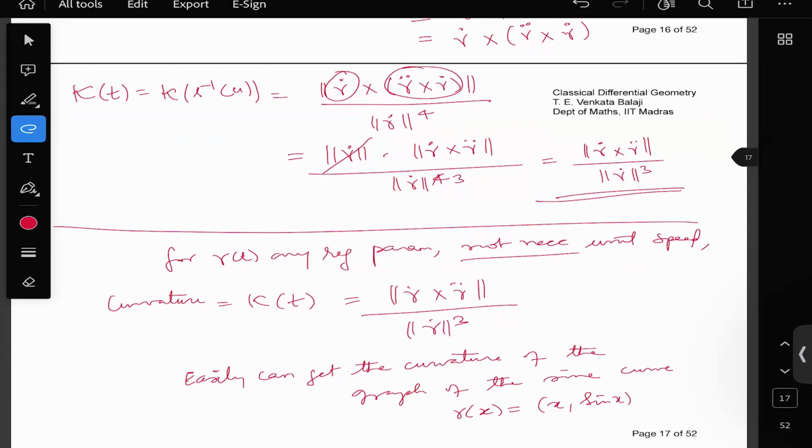Okay, with this you can easily do it, but as I explained to you, it's impossible to do it with the definition where you take a unit speed reparameterization and then take the second rate of change and then take its magnitude. So you see this is very direct.